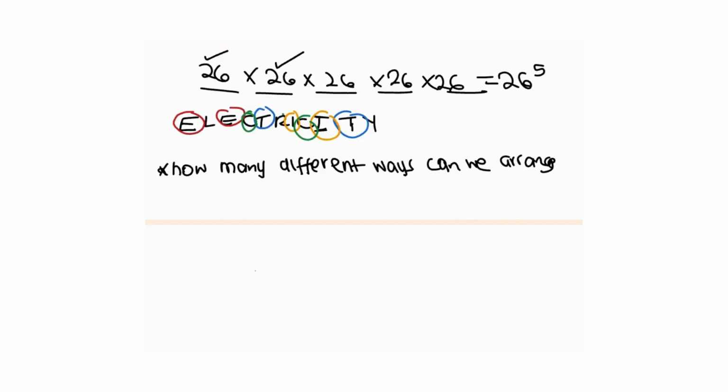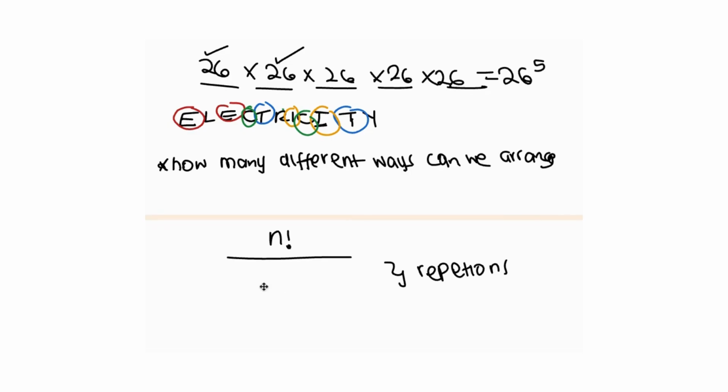So to work out this one, the formula is always n factorial, meaning you do the factorial of the entire set of letters, over this part which focuses on repetitions. How many times are we repeating something? I'm going to use different letters. Let's say we have S factorial times Q factorial times P factorial, etc. This will depend on how many letters are repeating themselves.